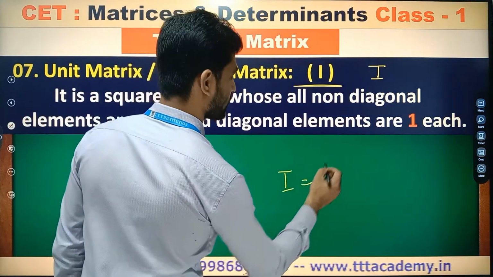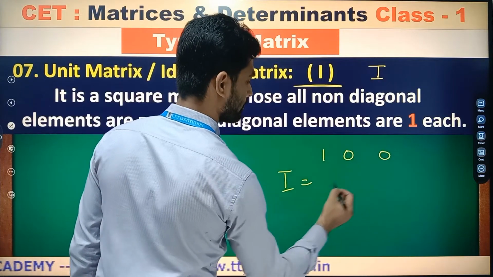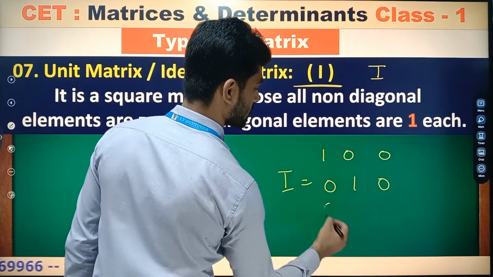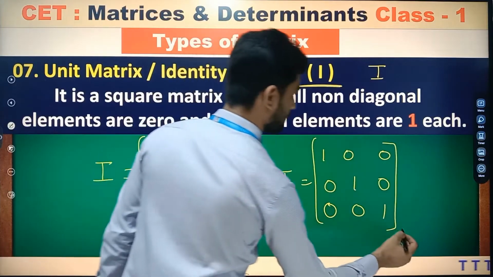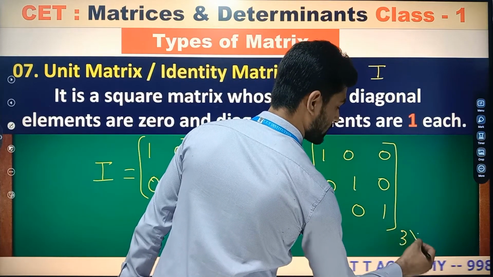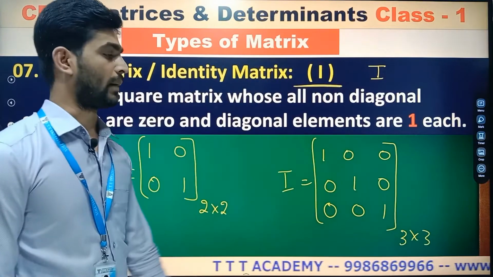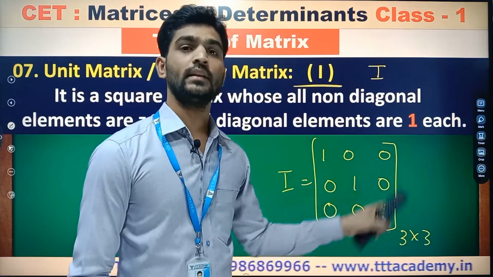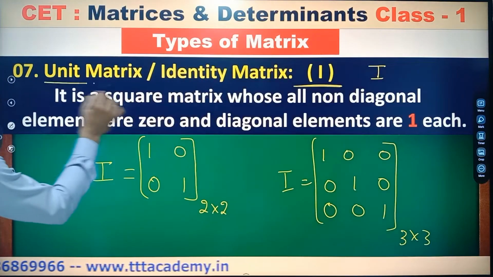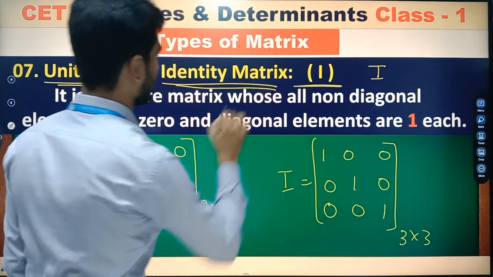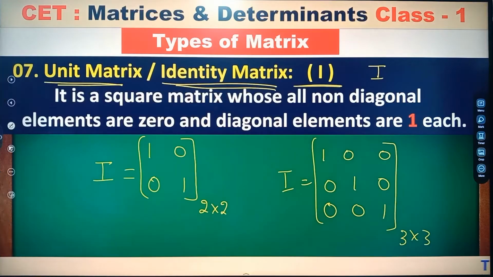Again, I equal to 1 0 0 0 1 0 0 0 1. This is another example for an identity matrix or unit matrix of size 3 cross 3. I mean, in which 3 rows and 3 columns are there. This is an example for a unit matrix, which we also consider as an identity matrix.